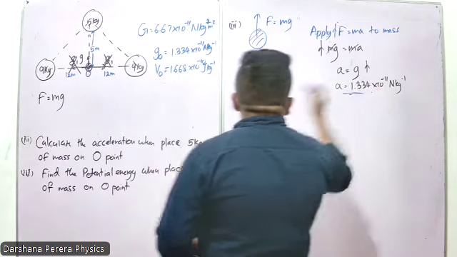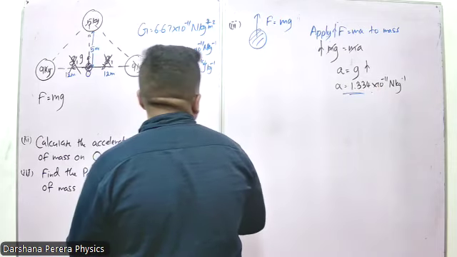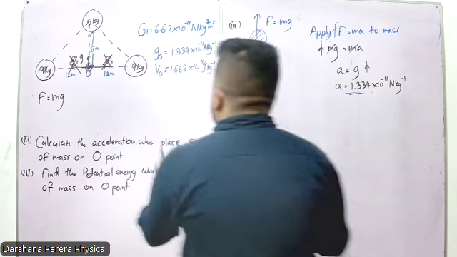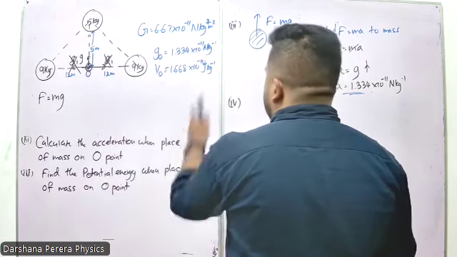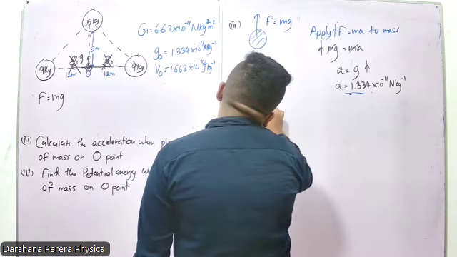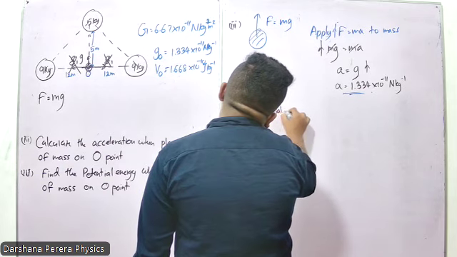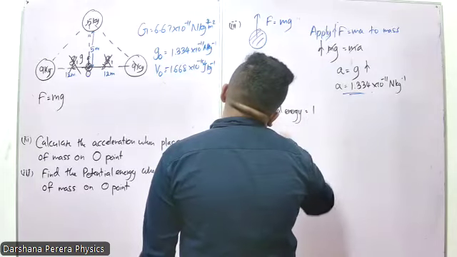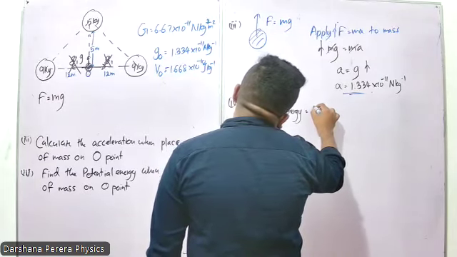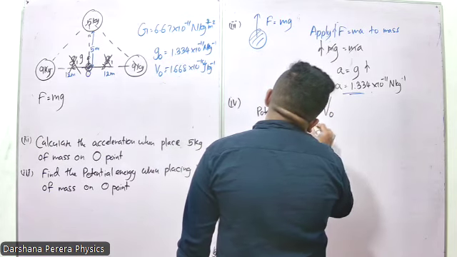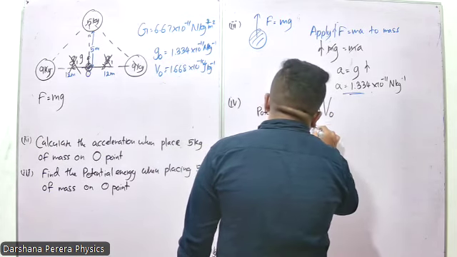Okay, so the fourth one: find the potential energy when placing the 5 kilogram mass on the opposite side, right? What is the potential energy? Mass times potential. The mass is 5 kilogram.